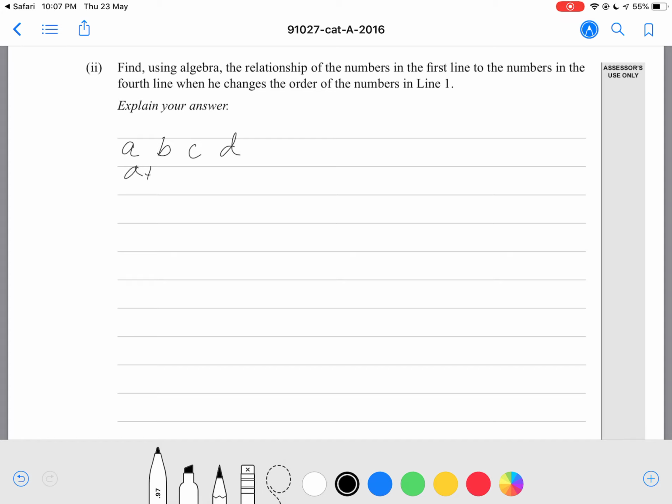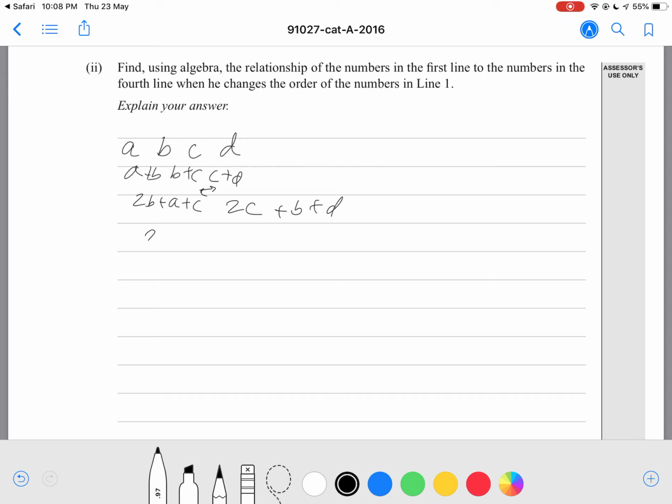So A plus B, B plus C, and C plus D here, okay? So A plus B plus B plus C, so 2B plus A plus C. And then on this side you have 2C plus B plus D.